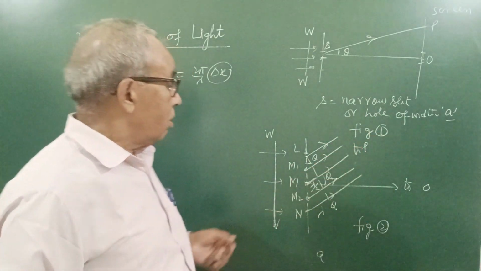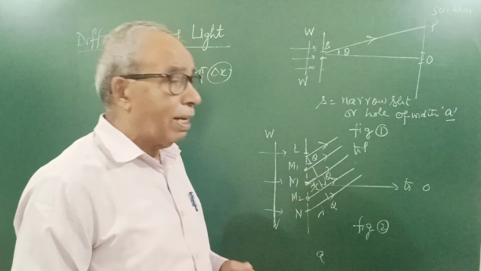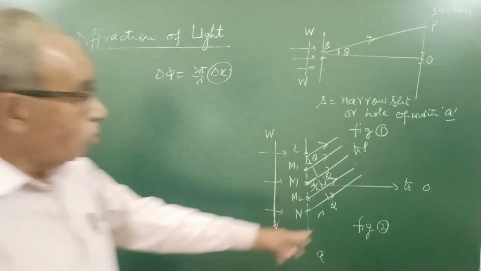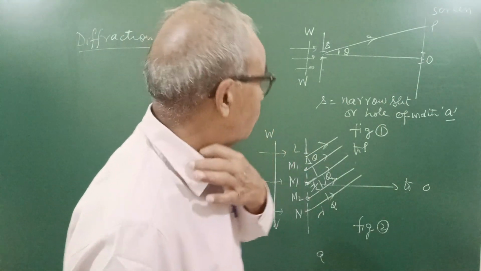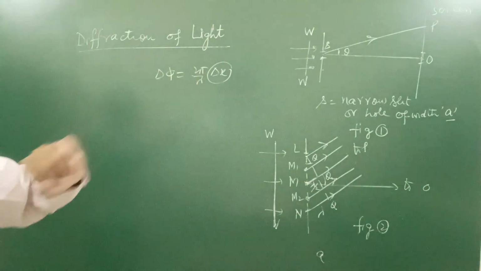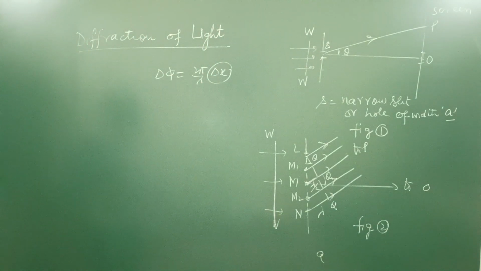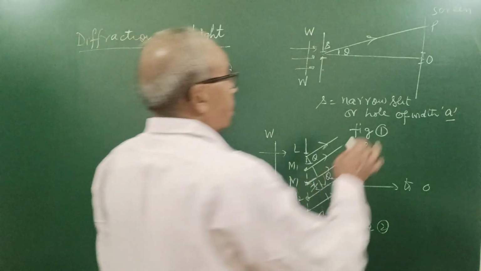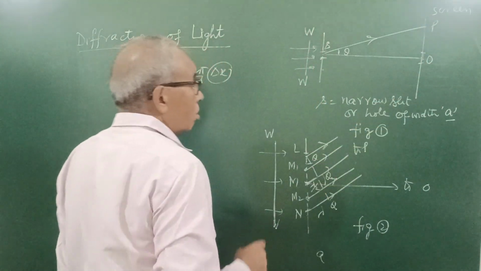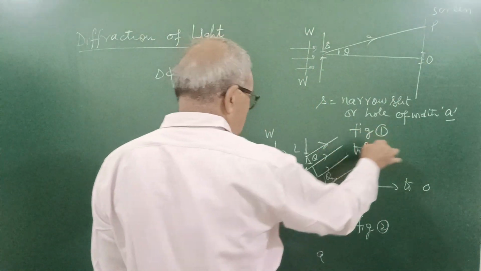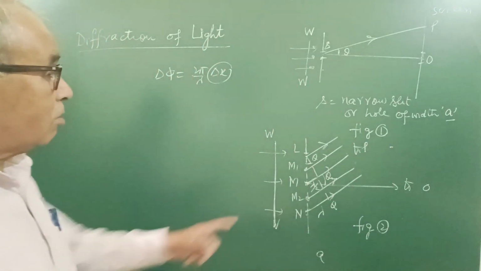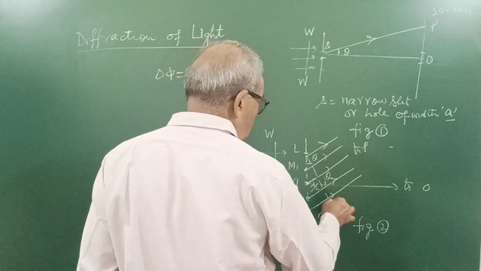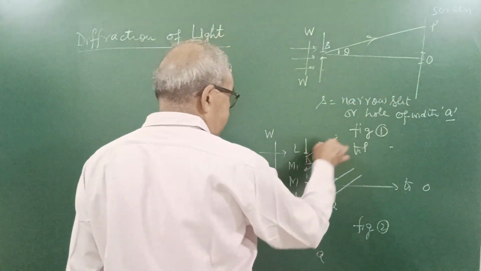The phase difference between the secondary wavelets from the first half and second half will start changing, and hence the intensity of light starts decreasing as we move from O to P. Suppose P is the point where we get minimum, zero intensity. Then the distances PN and PL will be different. So we have taken PQ equal to PL.